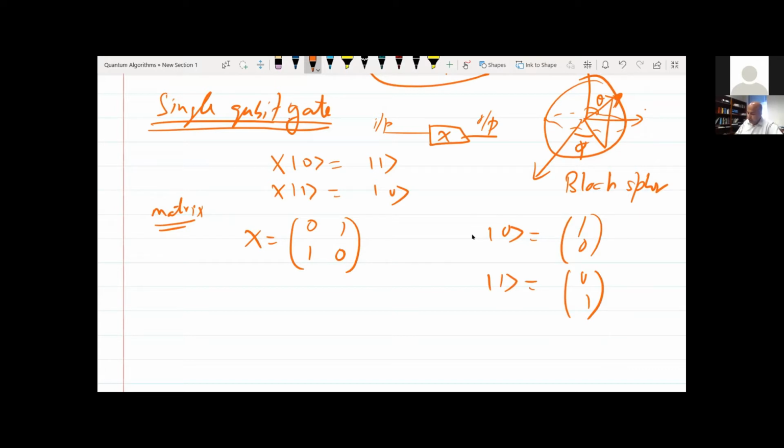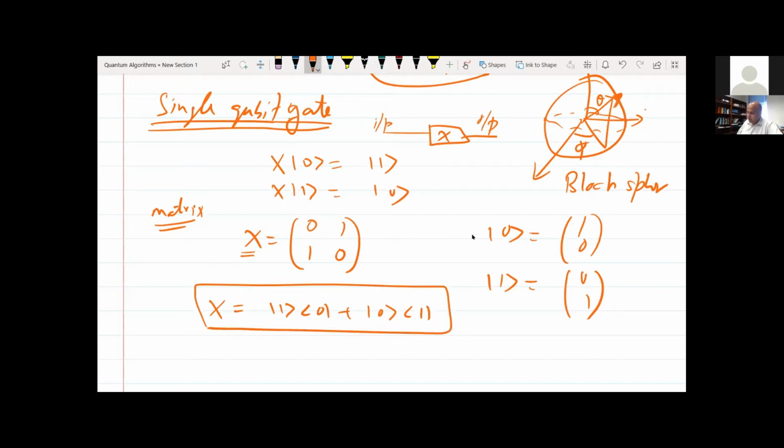Another way of representing this X is actually using Dirac notation, that I can write this X as |1><0| plus |0><1|. Because we can easily see that when this X acts on 0, this 0 is operating from the right.